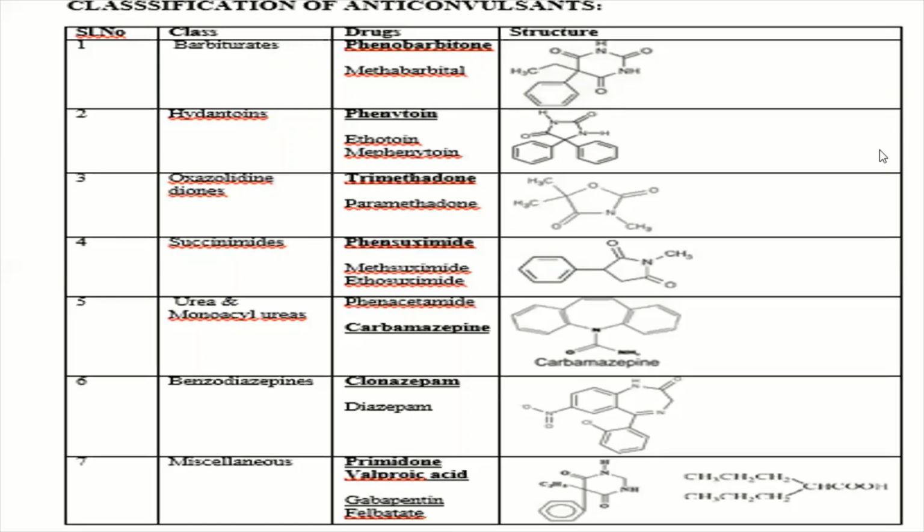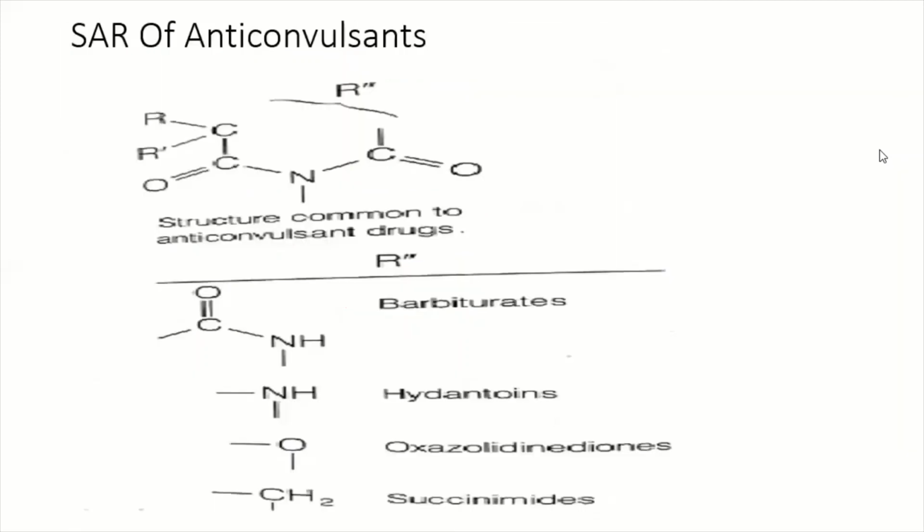This is the classification. Any confusion in this slide? No, ma'am. Here you just have to write, because a question can be asked to compare the SAR of different anticonvulsant drugs. In that case, you have to write this general structure and show the different classes, barbiturates and hydantoins.